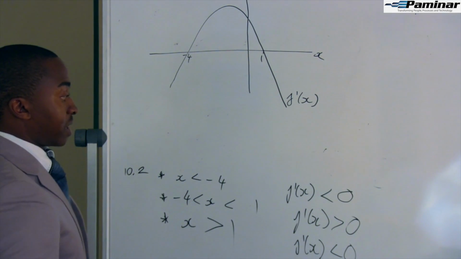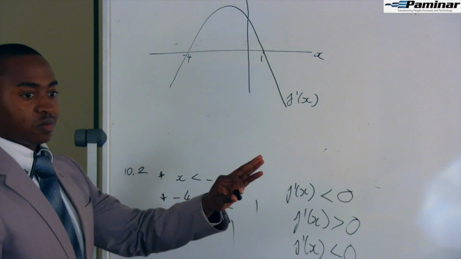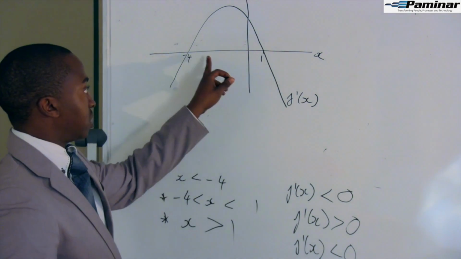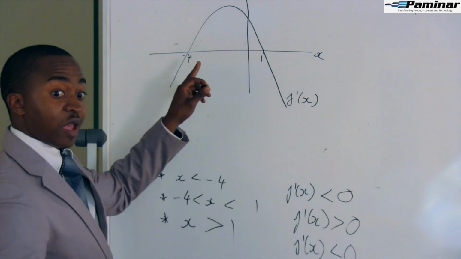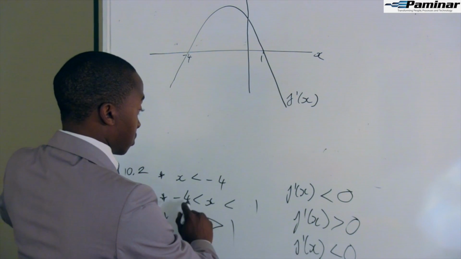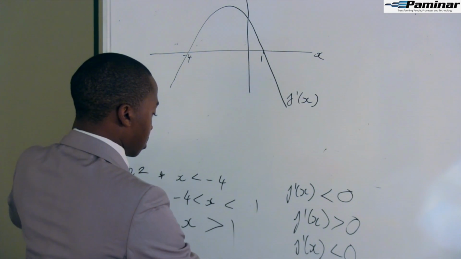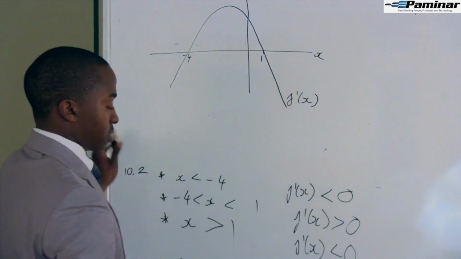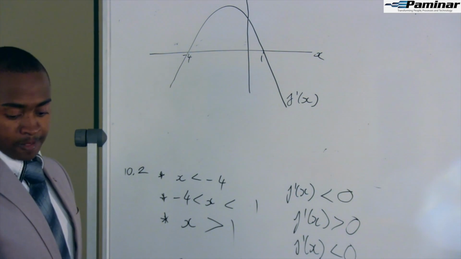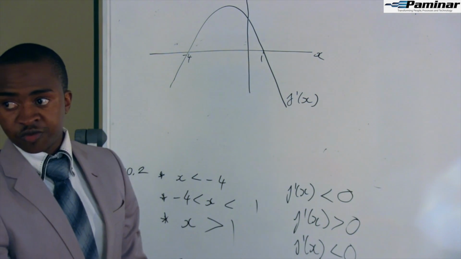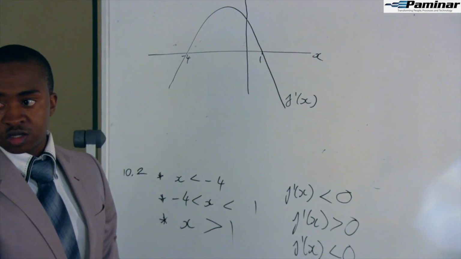But the actual local minimum based on the two points would be at -4. So your final solution, you would choose x is less than -4. Without further ado, we'll move on to question 11.